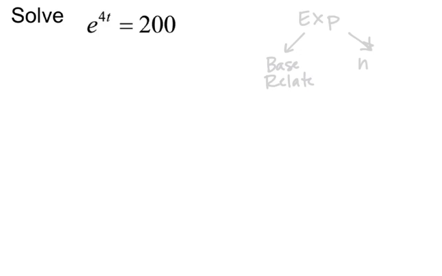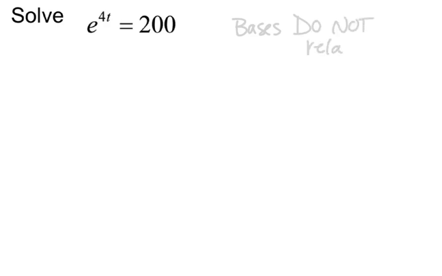And in this case, this is exponential. Bases do not relate. And since the bases do not relate, we take the log or natural log of both sides. So we can take the log or natural log. And because I have an e, I'm going to definitely lean towards natural log.